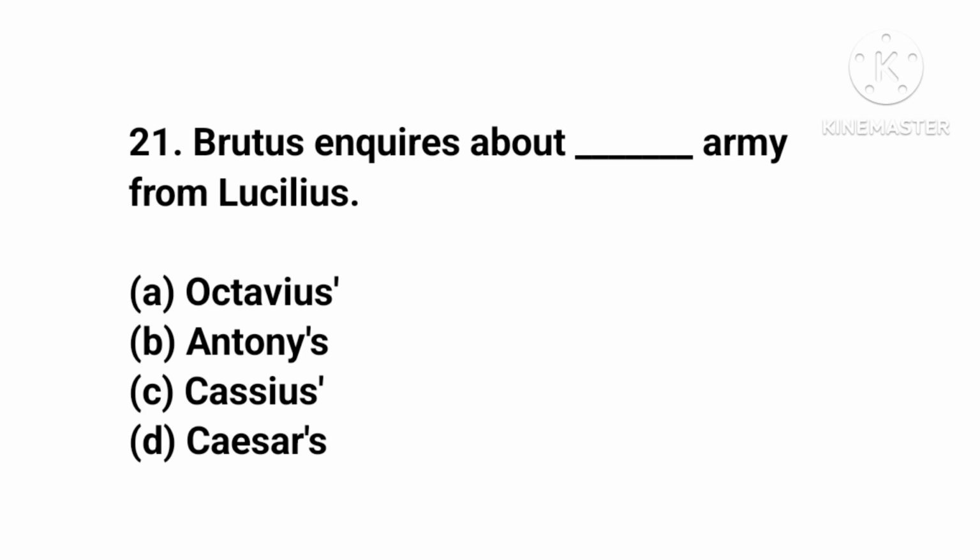So from Lucilius, Brutus inquires about somebody's army. You have to tell me whose army it was. Option A, Octavius. Option B, Antony's. Option C, Cassius's. Or option D, Caesar's. So whose army did Brutus ask Lucilius about?